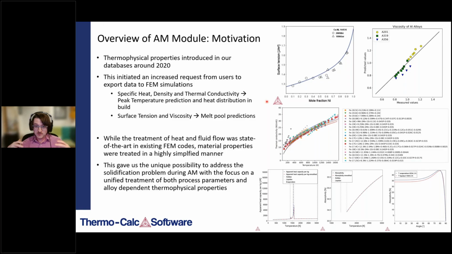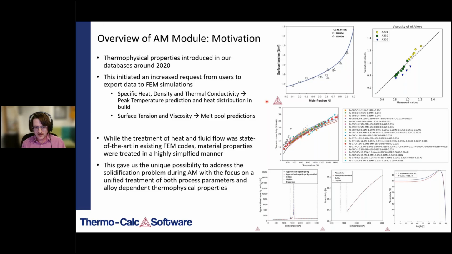A lot of finite element codes are intended to take constant values for many of these properties. So users were having a hard time getting the codes to converge when they put in these more complicated properties, and not treating things in a simplified manner. So this was a unique possibility for us to try to address this issue.